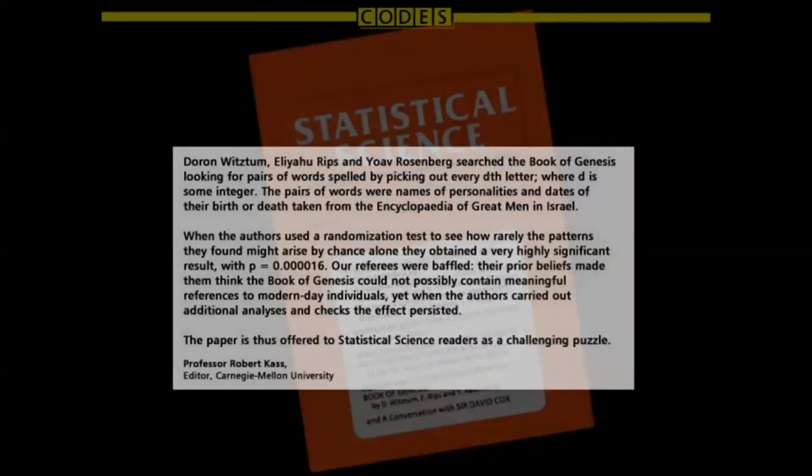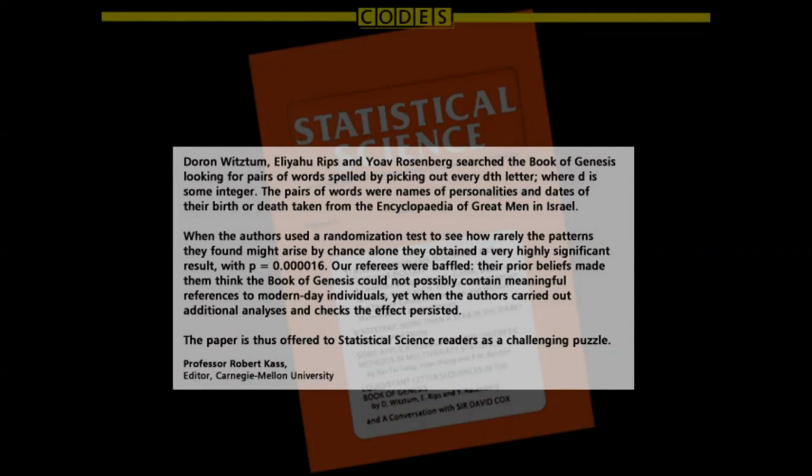This is the reaction of the senior editor, Dr. Robert Kass, looking at the middle of the second paragraph. It says, our referees were baffled. Referee is not a guy with a black and white shirt with a whistle. These are world-class mathematicians. Our referees were baffled. Their prior beliefs made them think the Book of Genesis could not possibly contain meaningful references to modern-day individuals.